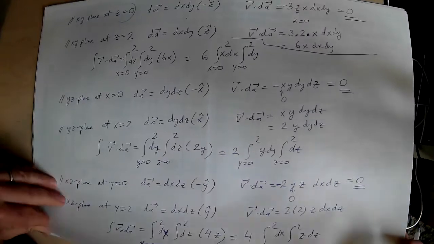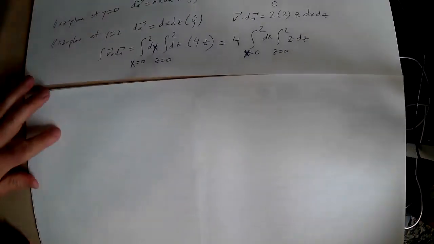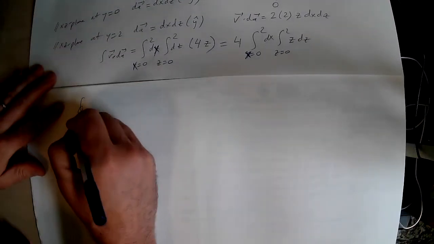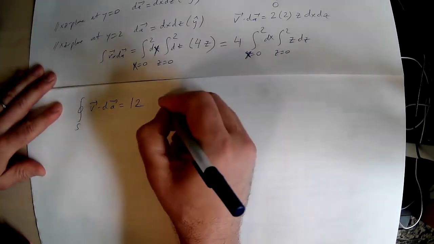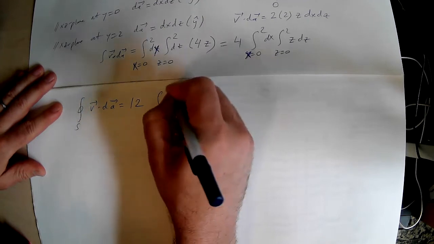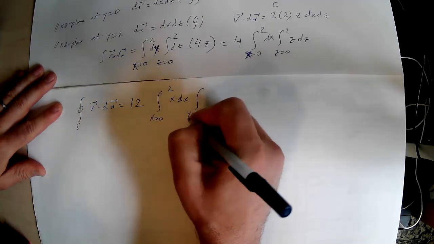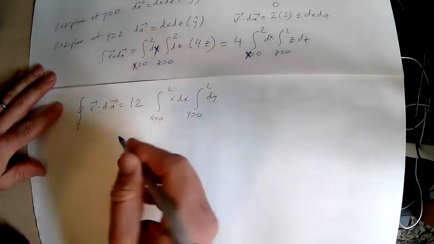So let's put them all together. The entire surface integral of v dot dA will be 12 times the integral x from 0 to 2 of x dx, y from 0 to 2 dy. Let's evaluate them.